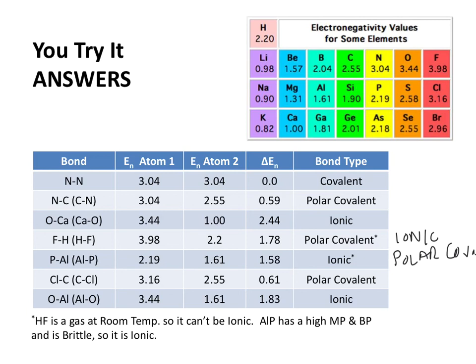Now everything else kind of matches what it should be, right? And this wasn't meant to throw you off or to trick you. It's just to show you that there are some limitations on this method, and you have to be cognizant of other things that go into determining whether or not a bond is covalent, polar covalent, or ionic.